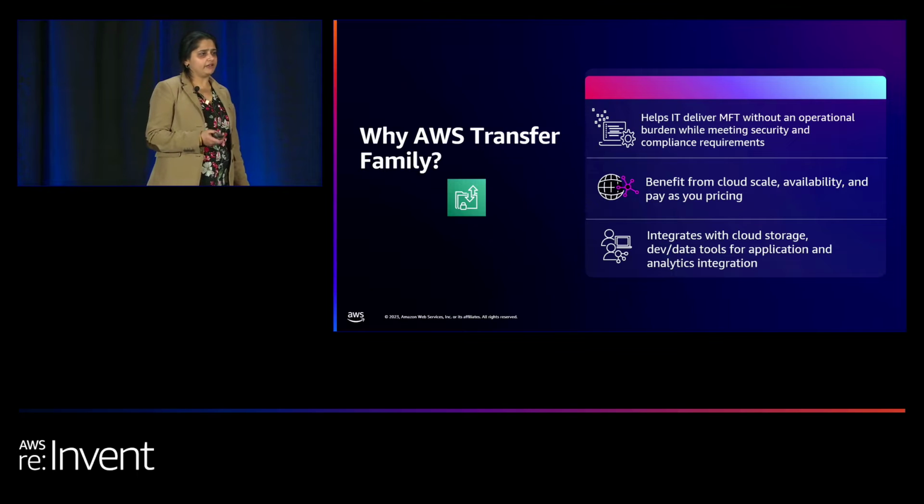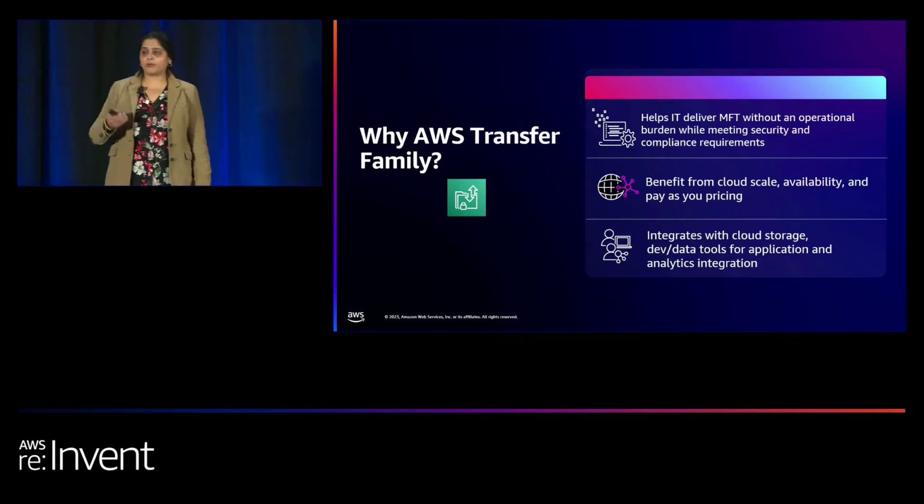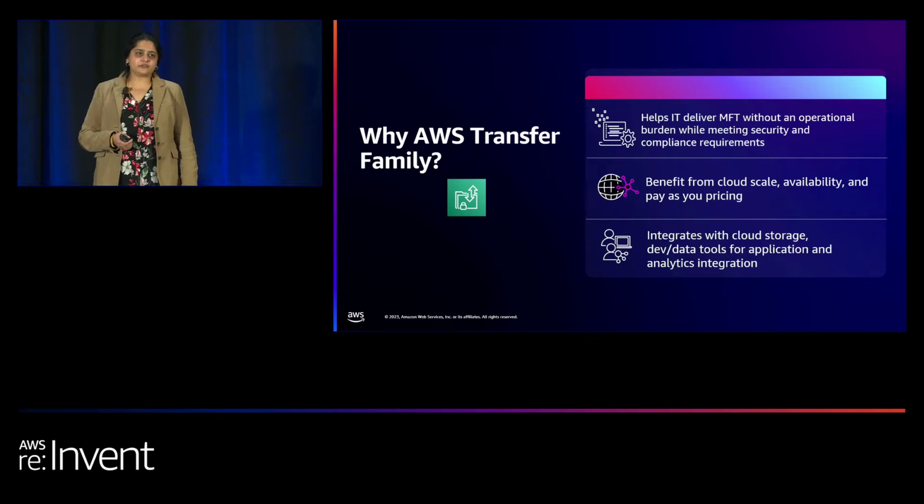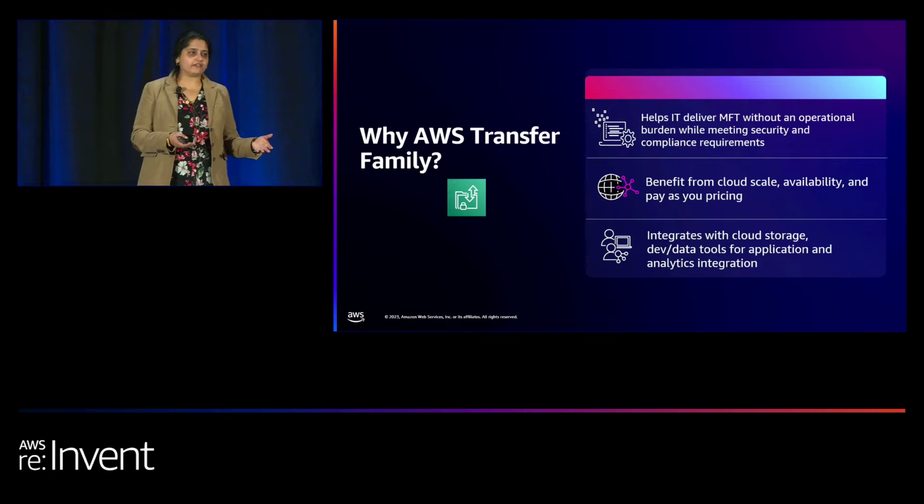And we want you to benefit for this workload from cloud scale, availability, resiliency, security, and pay-as-you-go pricing, right? Transfer Family integrates with cloud storage, which means your data is natively stored in Amazon S3 and Amazon EFS so that you could use it with your development tools for application and analytics integration.